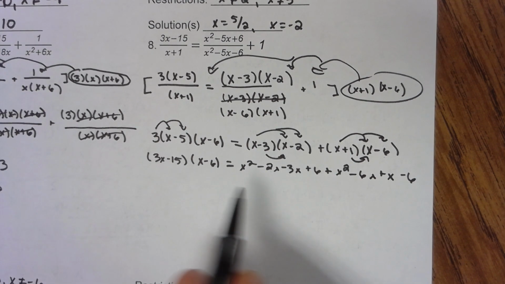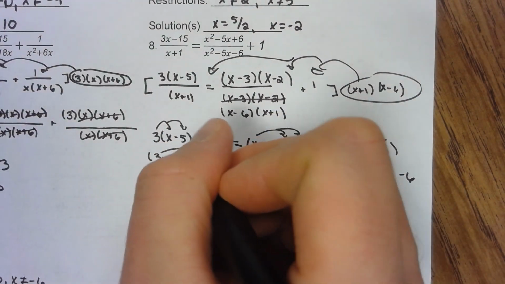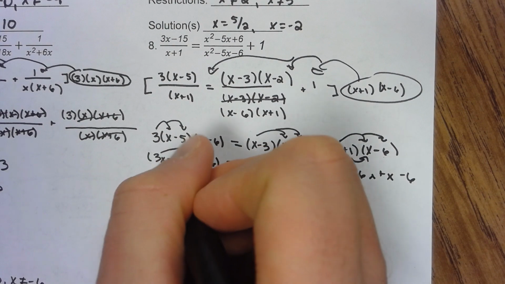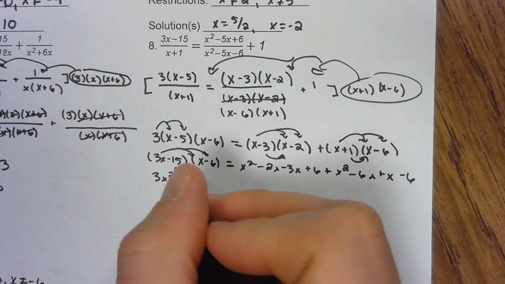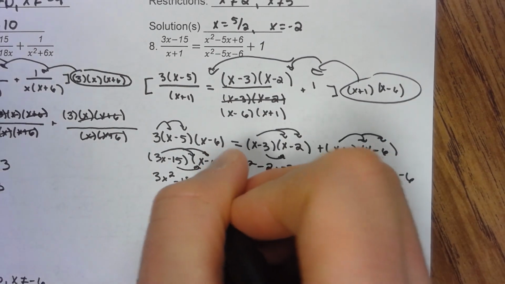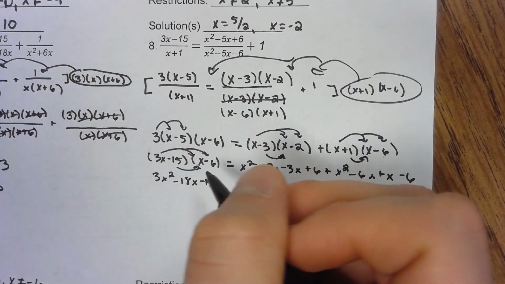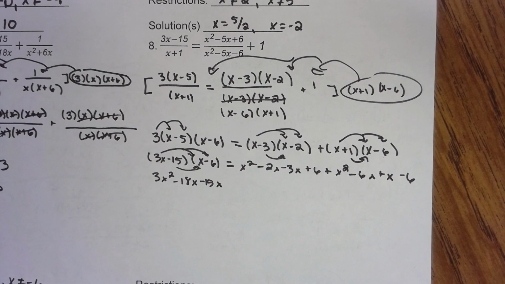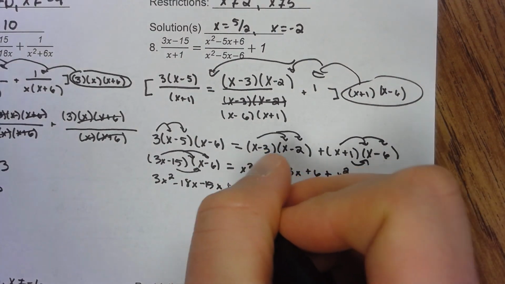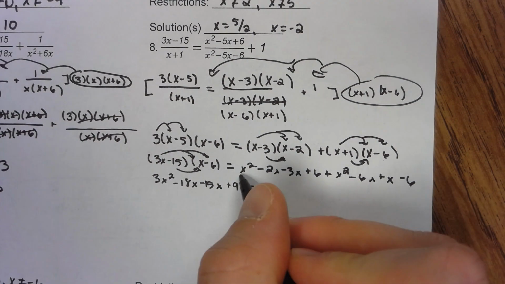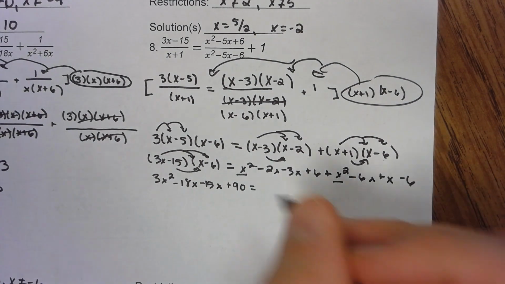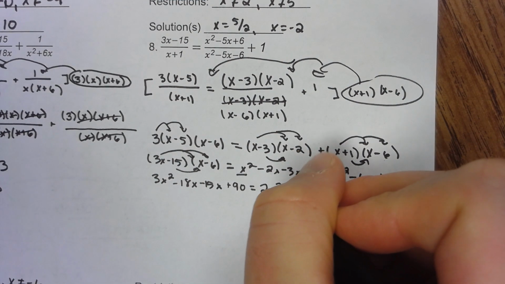On the left side, this now needs FOILed, so that's 3x squared minus 18x minus 15x. And then negative 15 times negative 6, that would be, I think, positive 90. And then on the right side, we're combining like terms, so x squareds together gives me 2x squared.